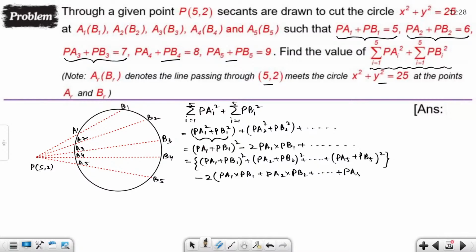The last term will be PA5 into PB5. Okay? Now, the values of these terms we know. We have been given that PA1 plus PB1, PA2 plus PB2, all those values are provided to us. So the first part will become 5 square plus 6 square plus 7 square plus 8 square plus 9 square, right? And the second term we have to find out. What is that?